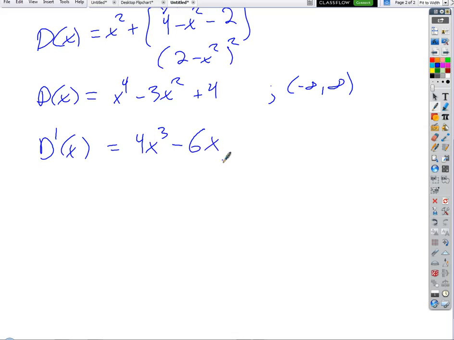Okay, good. And while we're at it, d double prime is 12x squared minus 6. The math is easy a lot of times. When you do real world problems, the math ends up being simple. It's just setting it up that's the fun and challenging part.